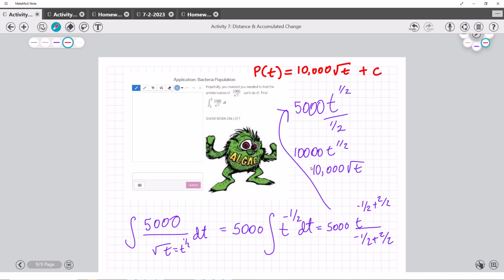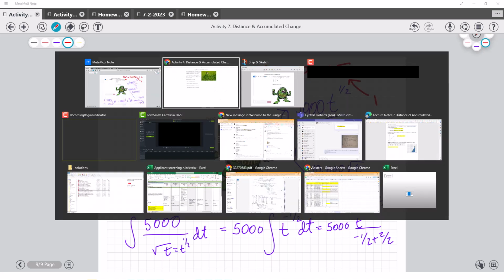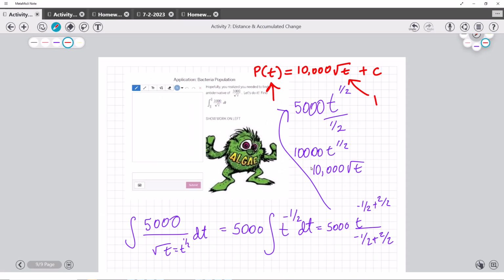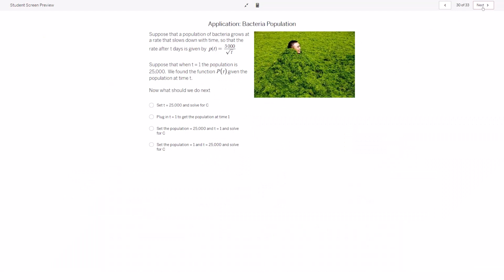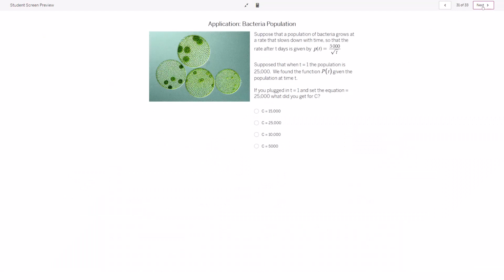So what it's telling you to do now is let t equal 1, set this equal to 25,000, and solve that for c. So that's what you're doing there. Let you get that one done.